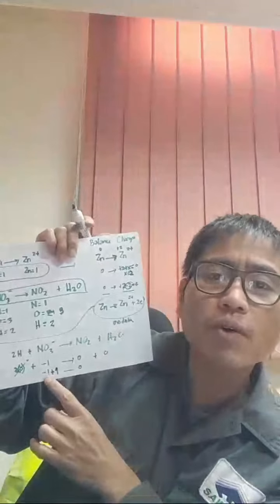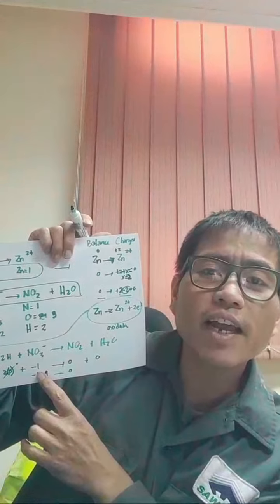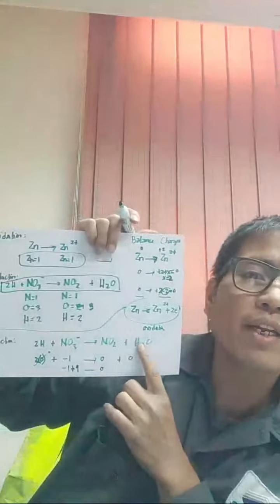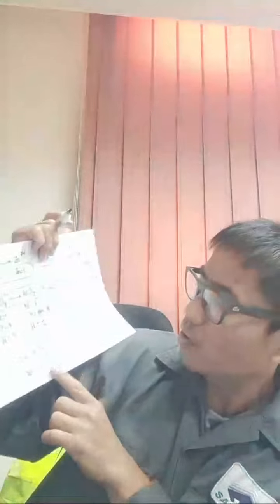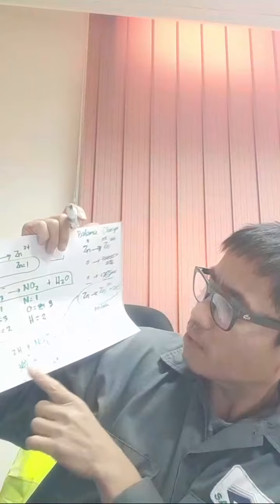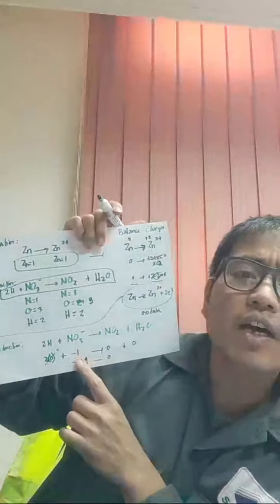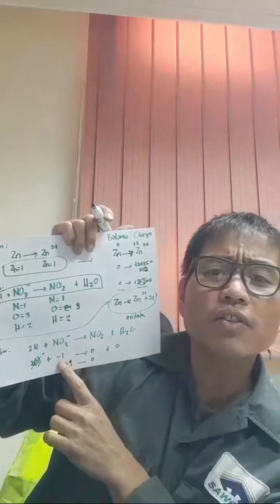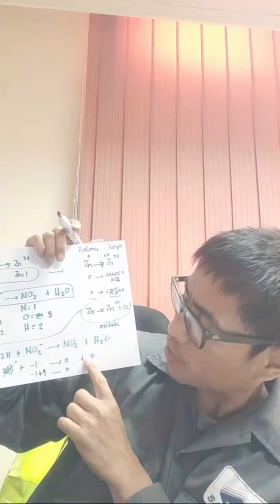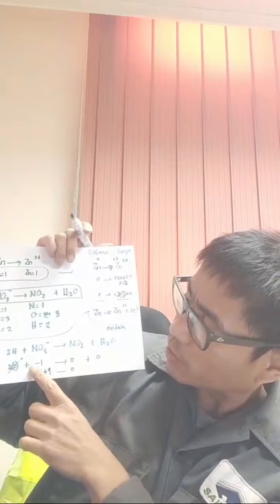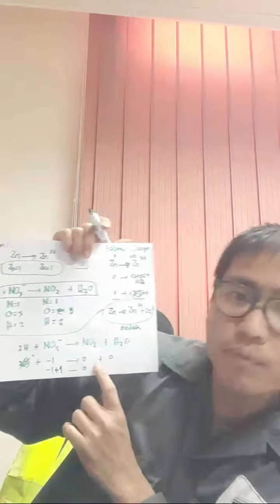That means we need to add positive 1 here. We mean that as an electron. So we need to put 1 electron on this side, because this is the side where there is a deficiency in the number of electrons. So this negative 1 here plus 1 is equal to 0.